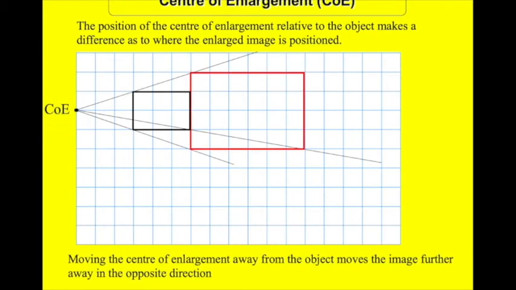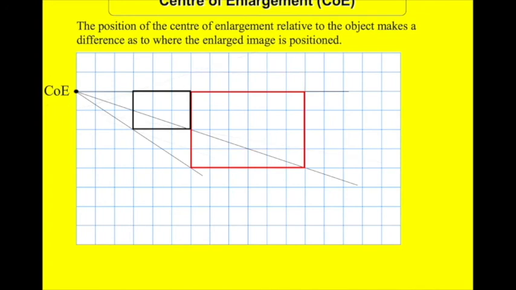See what happened? Moving the center of enlargement away from the object moves the image further away. So that's what happens if you move the center of enlargement away: the image also moves away.